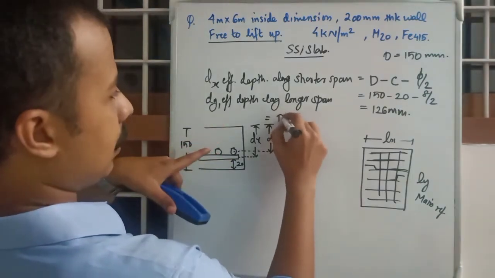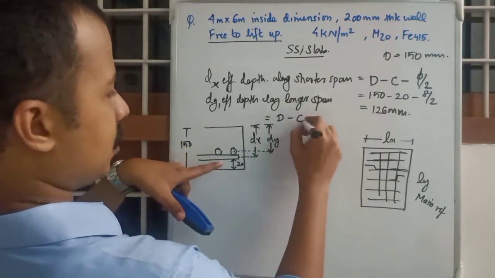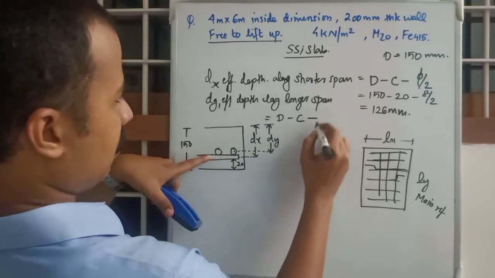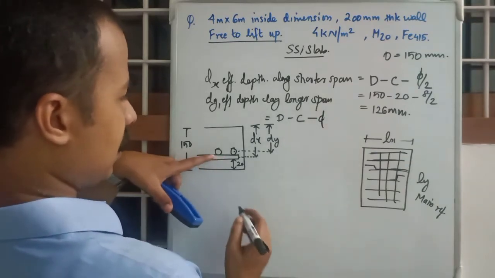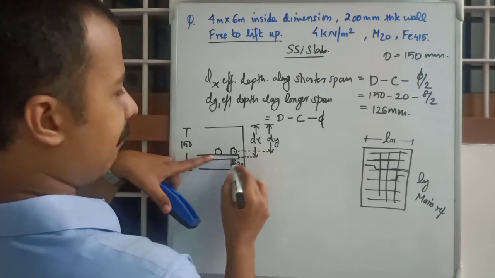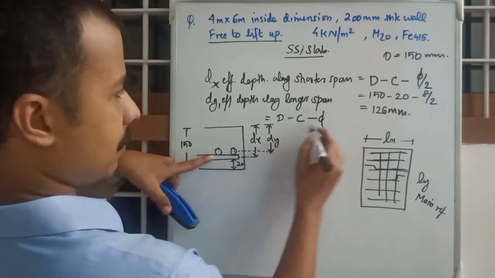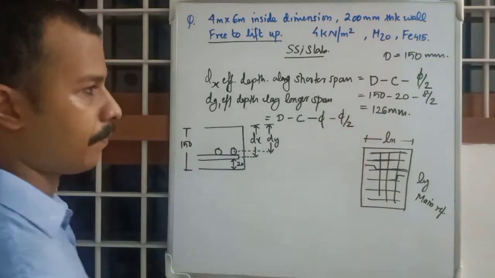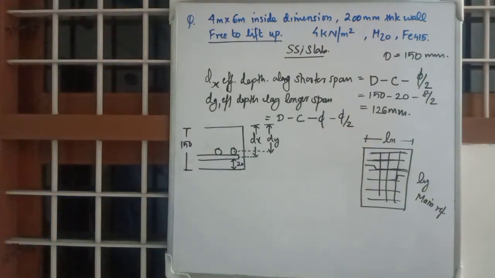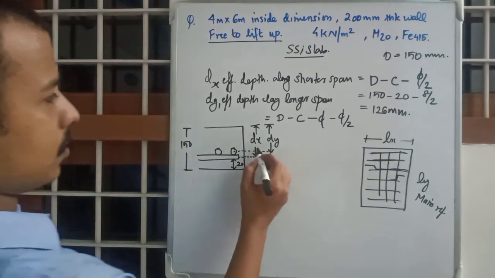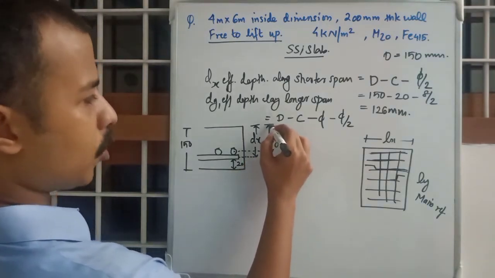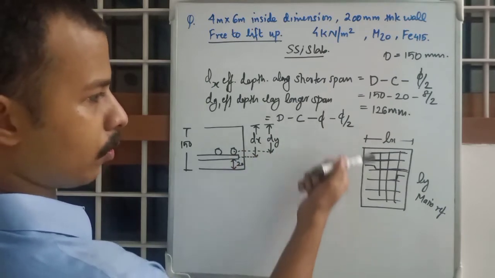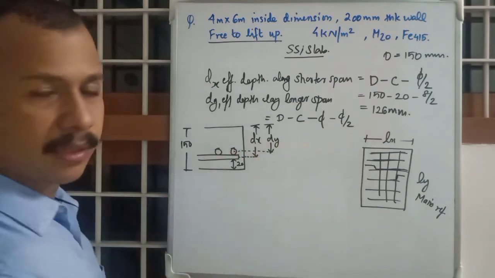D minus c, that is 20, minus phi, that is diameter of Lx direction reinforcement, 8, minus phi/2. Right, is it clear? So we are simply calculating the distance from the topmost fiber to the midpoint of Ly direction, longer direction main reinforcement.